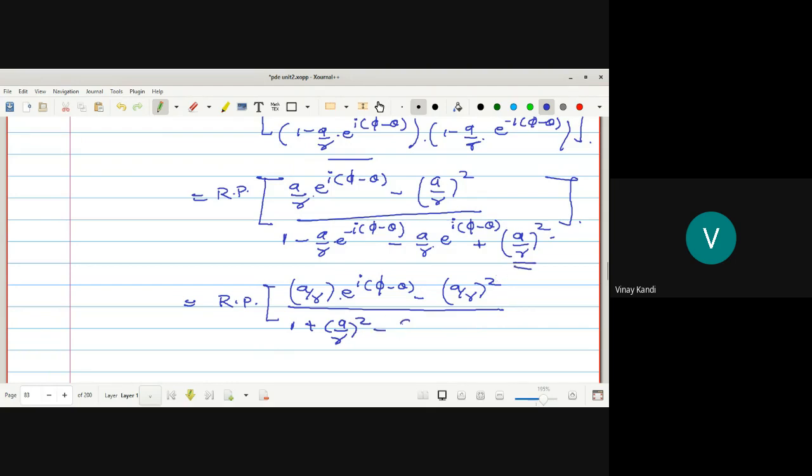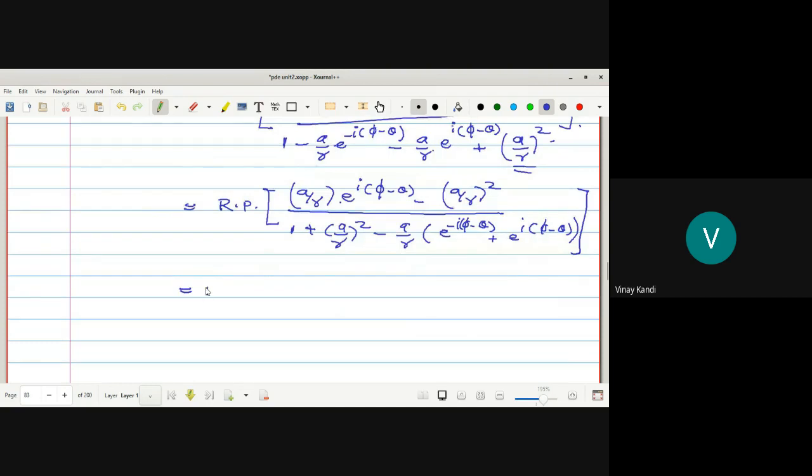Okay, now taking minus a upon r common from these two, so we get e raised to minus i phi minus theta plus e raised to i phi minus theta. Which is equal to real part of a divided by r, cos, e raised to i theta काय असते, cos theta plus i sin theta, त्याचप्रमाणे phi minus theta cos plus i sin phi minus theta.